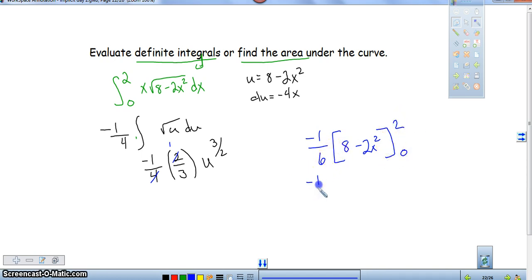And if you plug that in, that's 4, that's 8. I get 0 minus 8. So negative 1/6 times negative 8 would be 4/3.